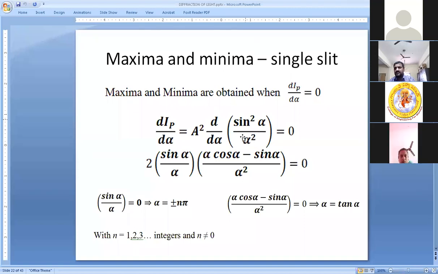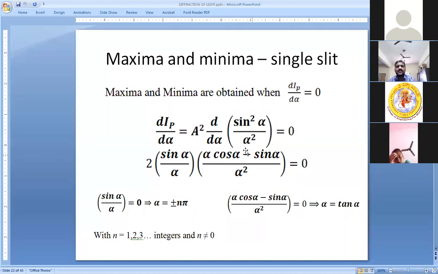Taking the derivative, sine square alpha, you can treat it as x square, so the derivative is 2x. So 2 into sine alpha, and the inner derivative, and alpha square into... not alpha square, it's alpha. Just a minute.